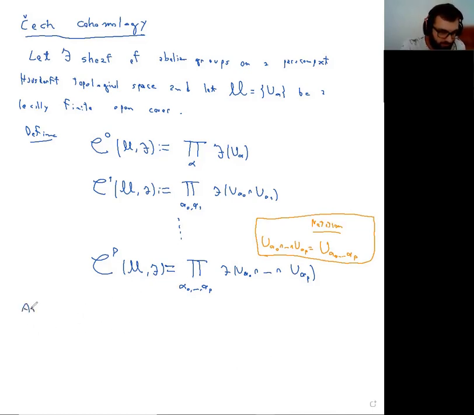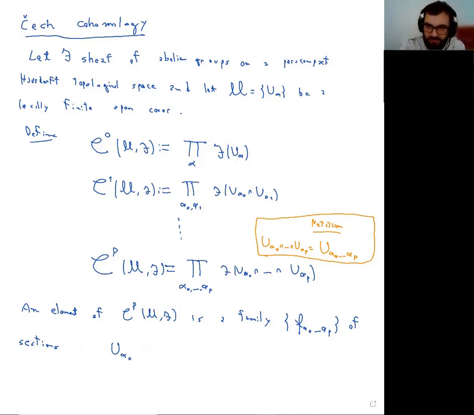So what is an element here? An element of C^P(U, F) is a family f alpha 0 ... alpha P of sections of F on U alpha 0 intersected through alpha P. And as I said before, an index can appear more than once.